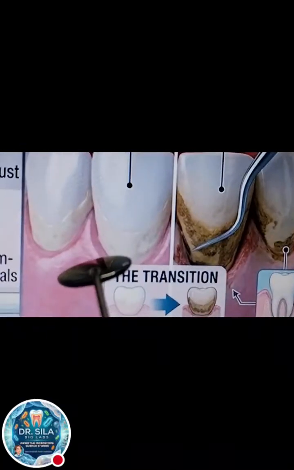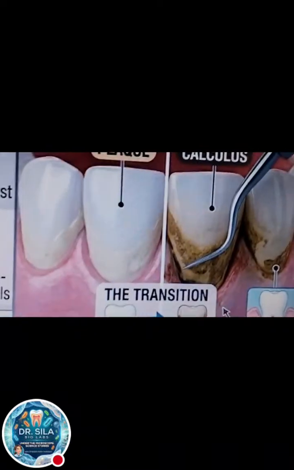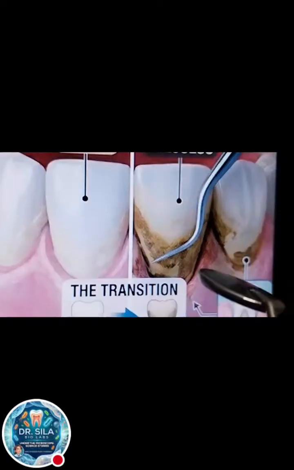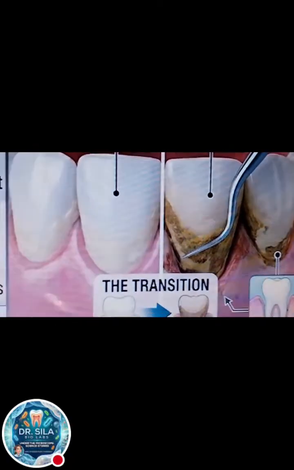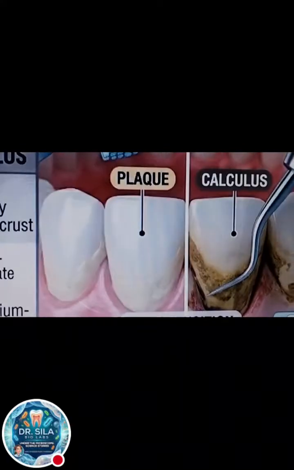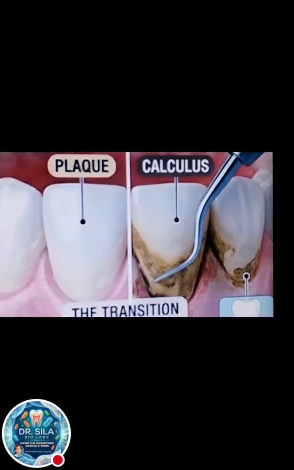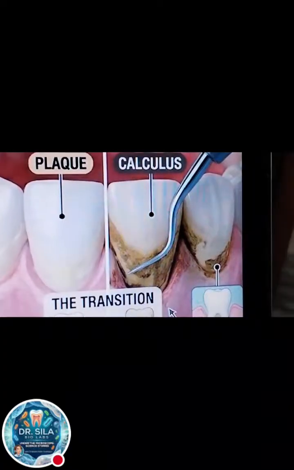Plaque can be removed by brushing and flossing, and calculus by scalers and curettes. Plaque causes mild reversible inflammation, and calculus causes permanent irreversible bone loss, periodontitis.